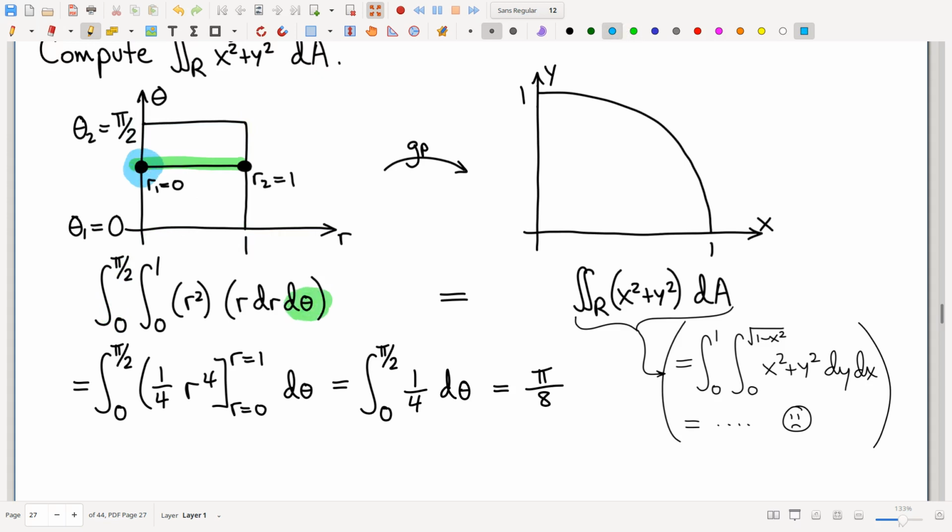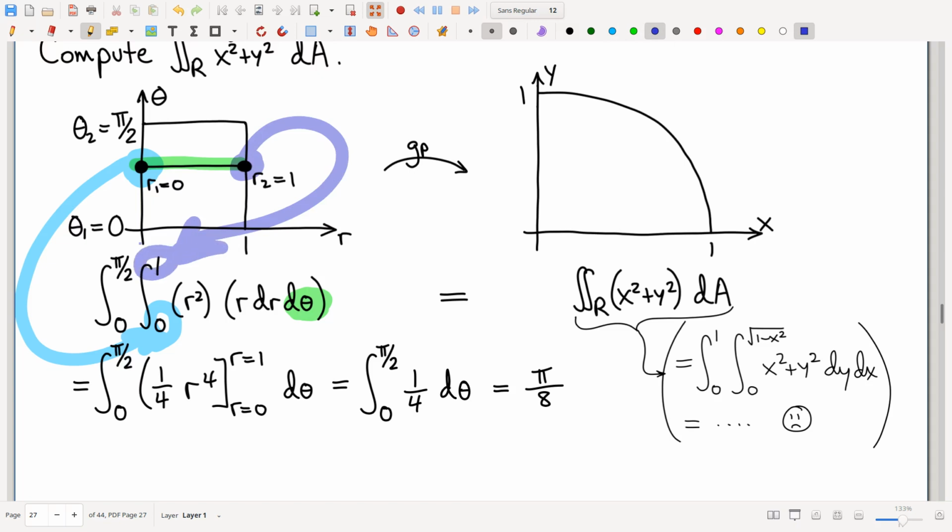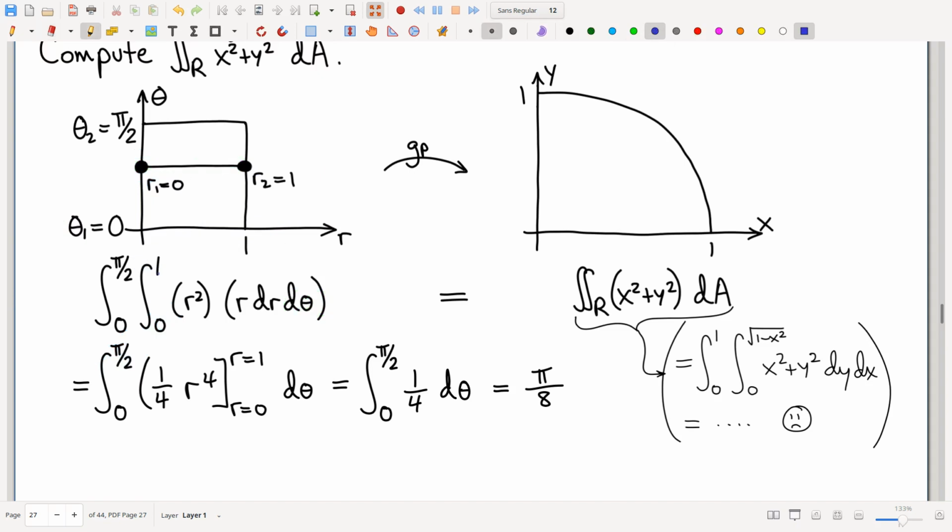And of course, the first for r is 0, and the last for r is 1. So that was the process. Every part of that process boils down to understanding what the theta slices look like, and then thinking about the corresponding values of r on a given theta slice. So if you understand the slices, then that gives you what you need.